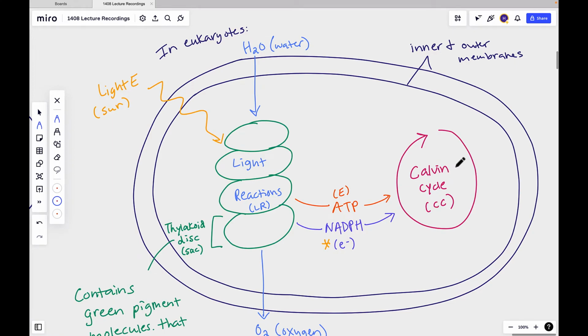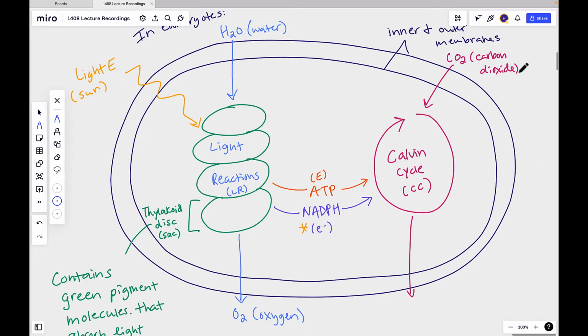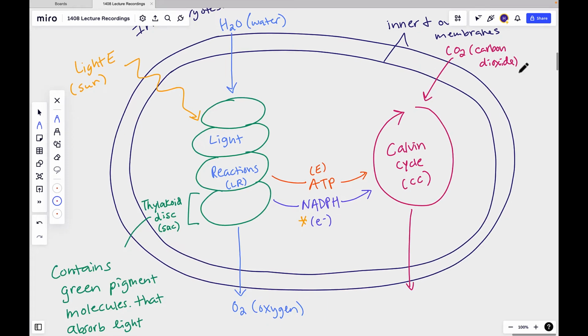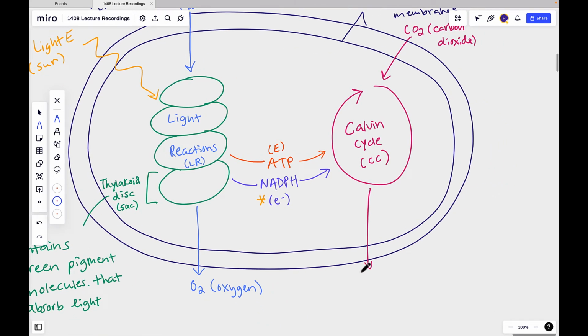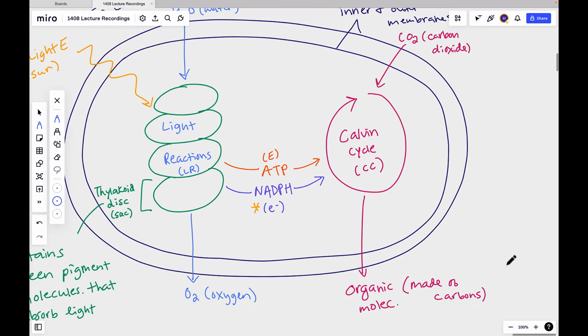And what goes in here, we have CO2, carbon dioxide, into the Calvin cycle. Then the Calvin cycle uses the ATP and NADPH plus the carbon dioxide and puts the carbon dioxides together into an organic molecule. And by organic, we mean made of carbons, and then some oxygens, hydrogens, and so forth. And that makes sense, right? Because if we have CO2 going in with the carbons, we have a carbon compound or organic molecule coming out.